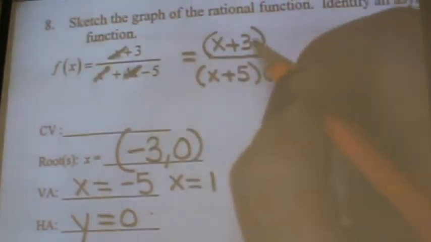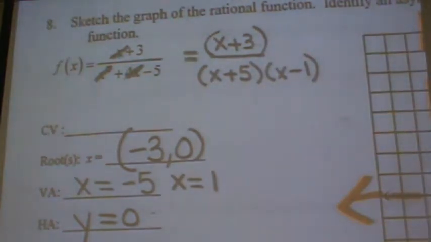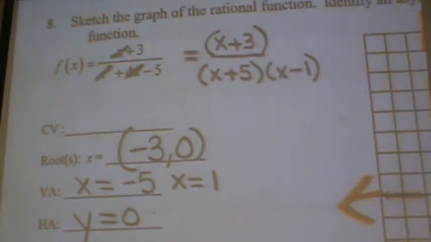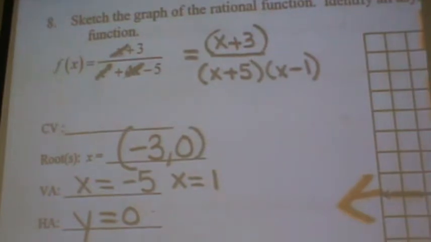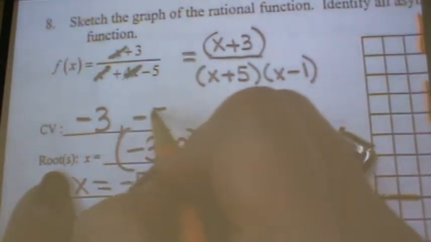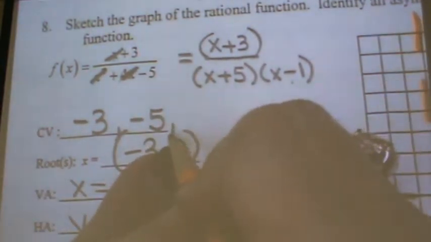Okay, now, give me your critical values. It's like when you're watching a scary movie and the music changes. It goes dun dun dun dun. Something's gonna happen. Something's gonna happen at -3, something's gonna happen at -5, and something's gonna happen at 1. These three numbers need to be organized.